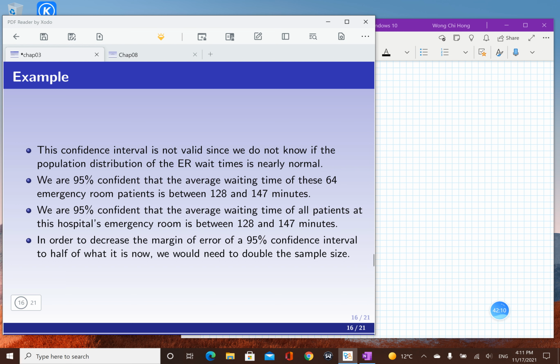We are not 95% confident. We are 100% confident.